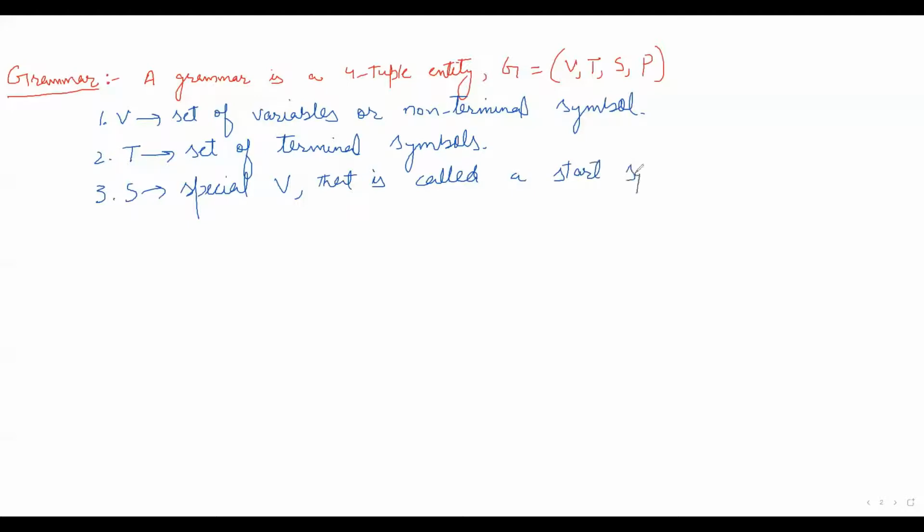Okay. And the fourth is P. What is P? P is the production rules. Okay. So these are the different parts of a grammar.